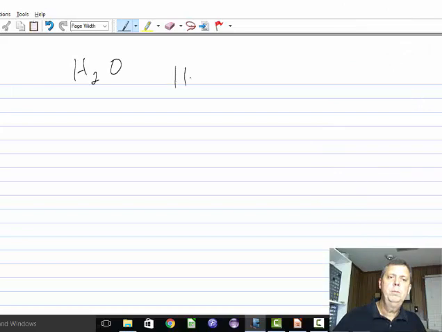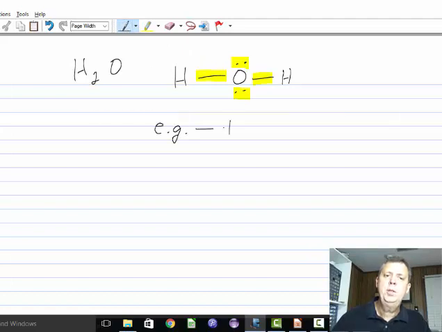Lewis structure is that. So simple enough. We have, in this case now, four groups of electrons. We have 1, 2, 3, 4 around our central atom. So the electronic geometry would be tetrahedral.